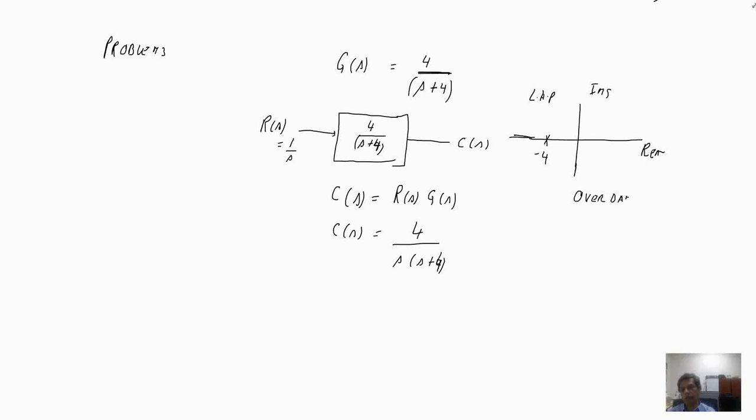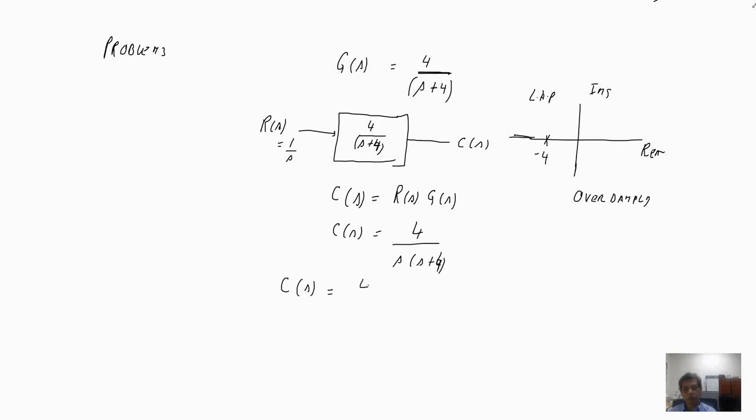Now the question arises, how do you find the response in the time domain? That's where you apply partial fractions, but the good thing is you don't have to find the values of the partial fraction coefficients.